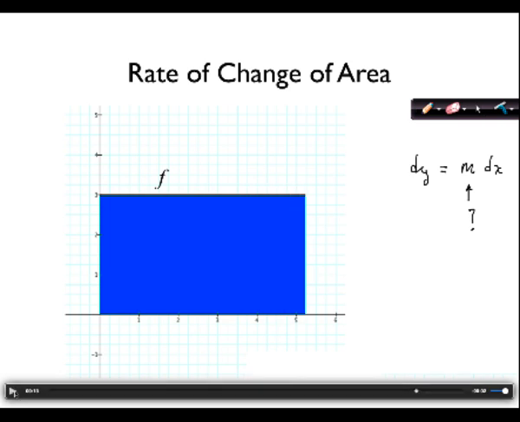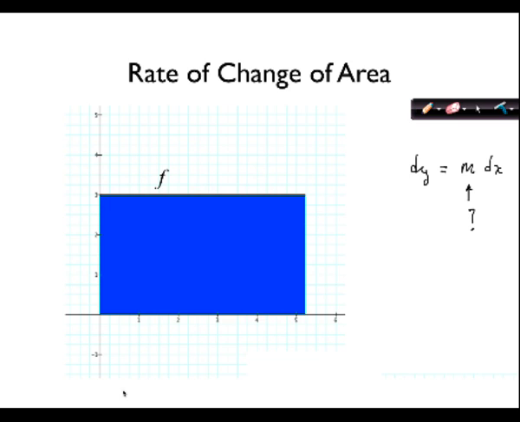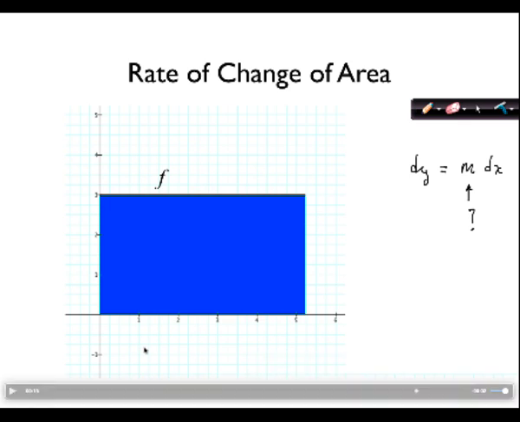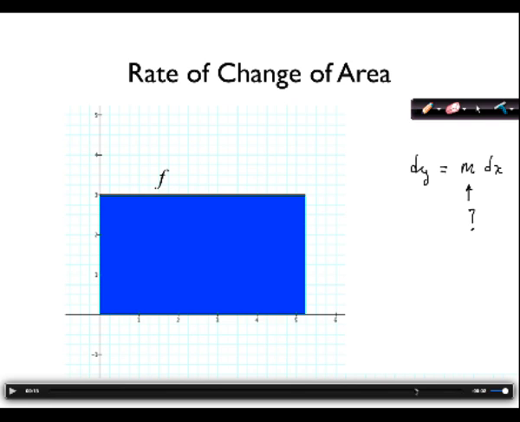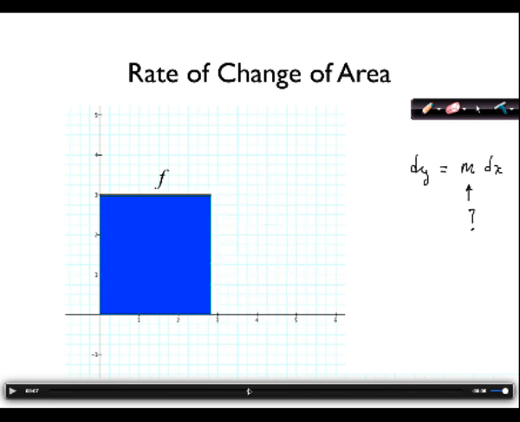So let's look at some different possibilities. What happens here? So here we are, x equals 2. How much does the area change when I vary x by 1/2? So here I am at 2. I'm going to vary x by 1/2 to 2.5. How much did my area change?